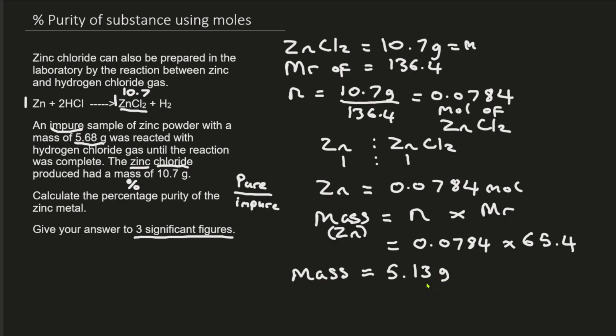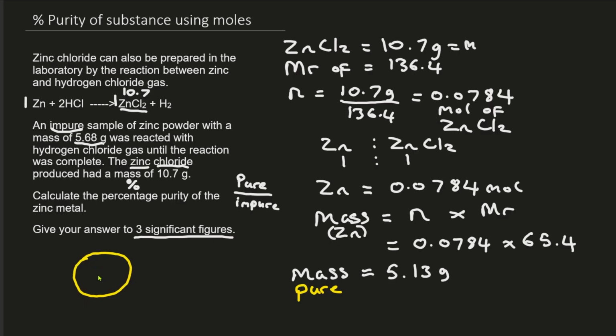5.13 grams. Now, remember I said to you earlier on, that is the pure sample that we just found of zinc. We want to find how much of zinc is in our impure sample.